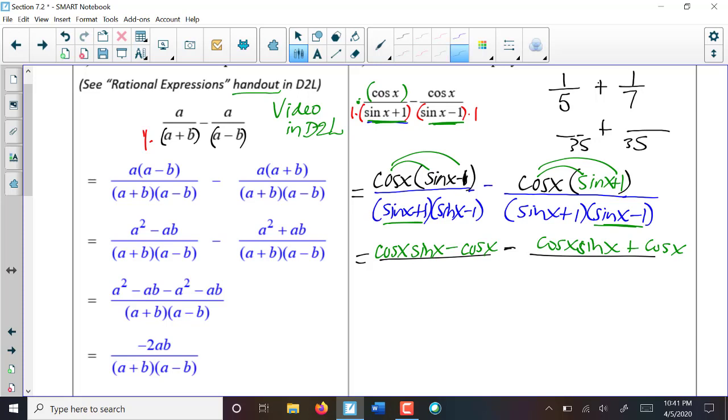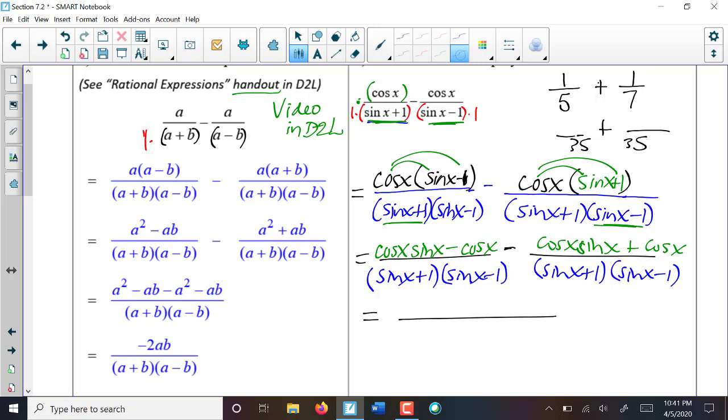Okay, all over my common denominator. All right. Now, because I have a common denominator, then I can combine those into one fraction.